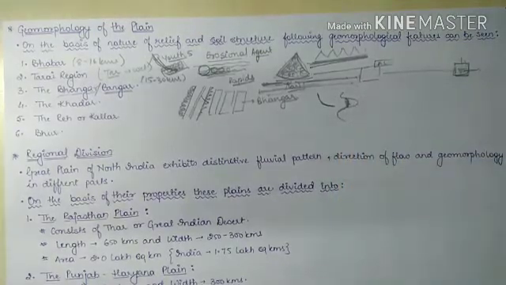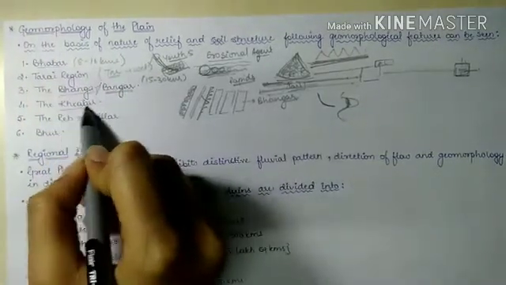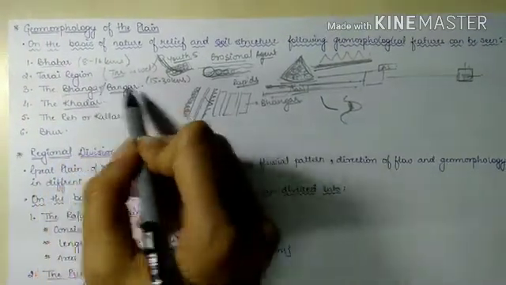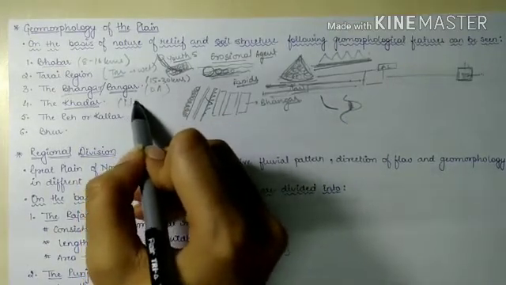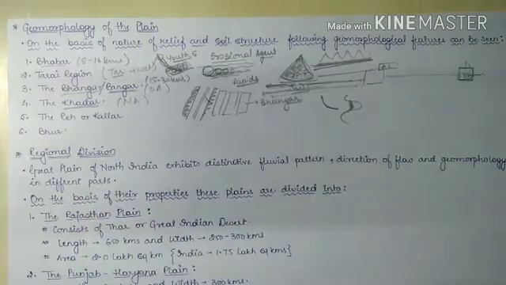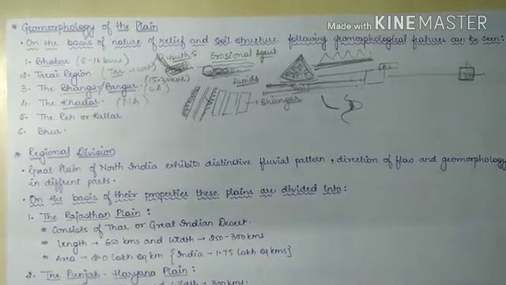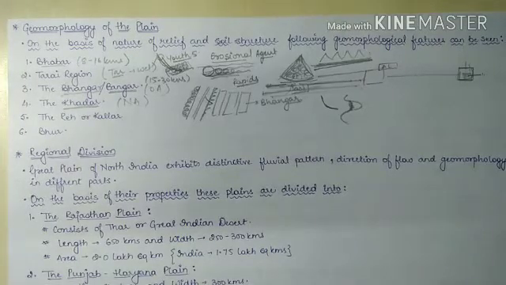Now the next feature is Khadar. This was old alluvium and this is new alluvium. It is composed of newer alluvium and forms the floodplain along the river banks. A new layer of alluvium is deposited by the river flood almost every year.